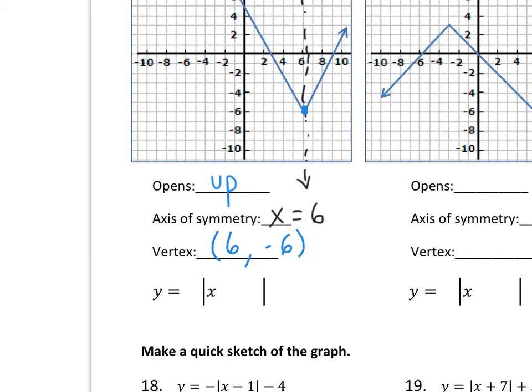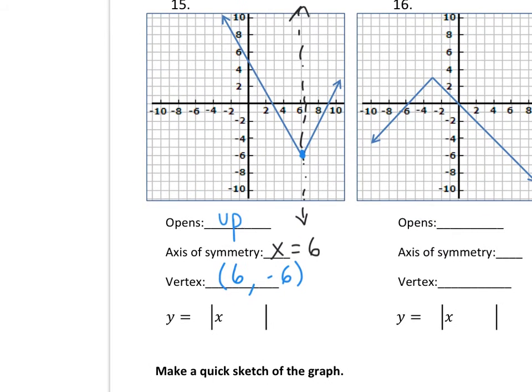So if we want to make the equation for the graph, the easiest thing to start with is the vertex, because those are our h and our k values within our equation.